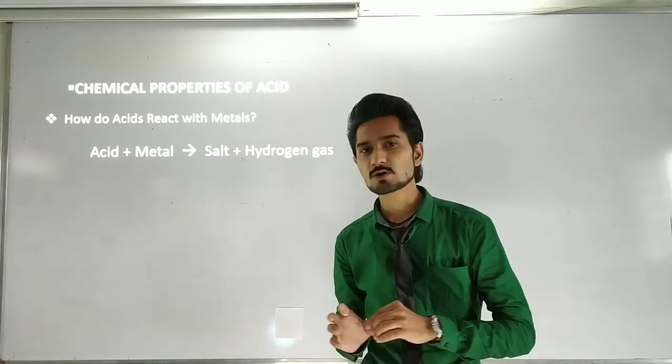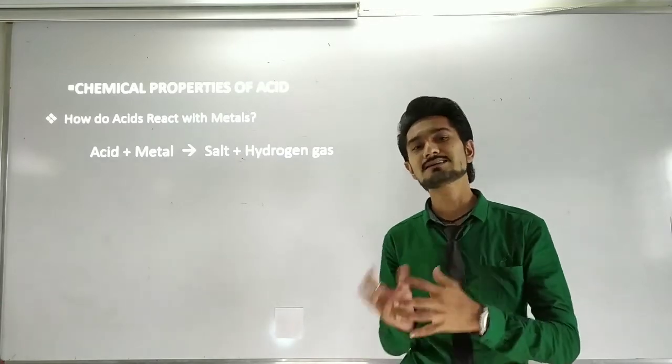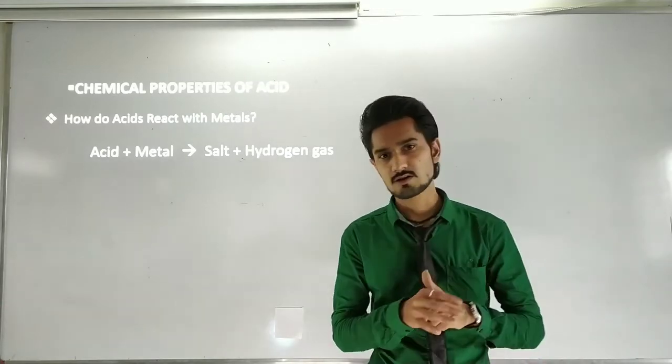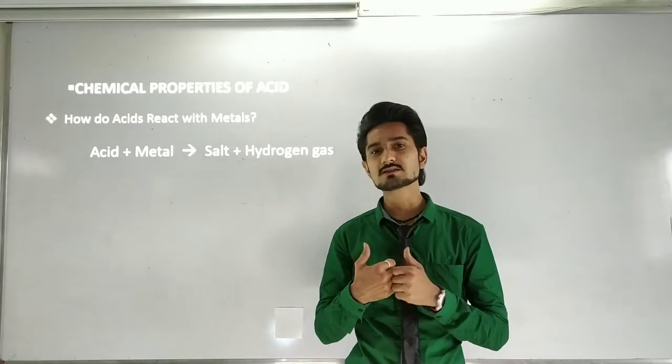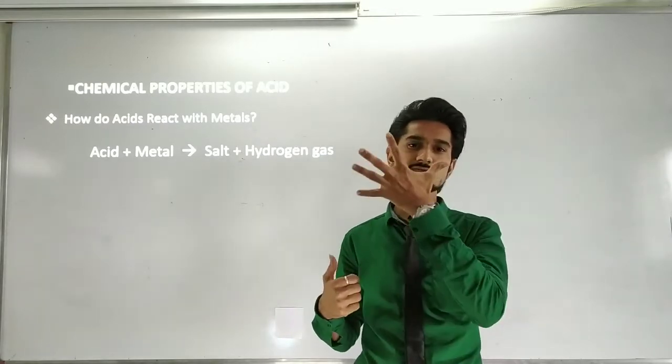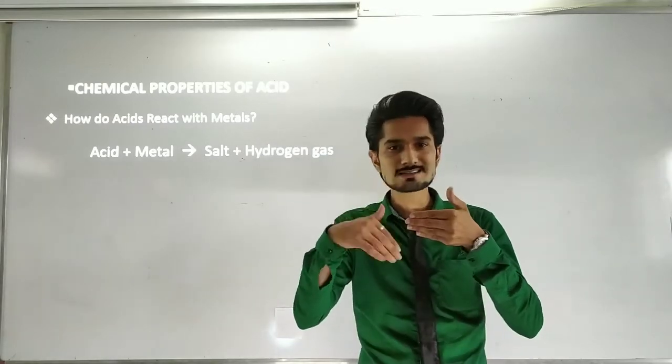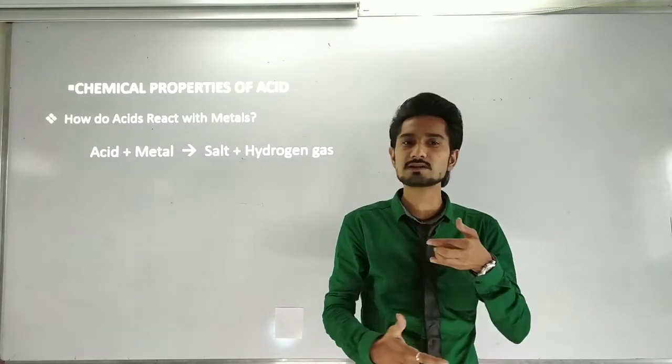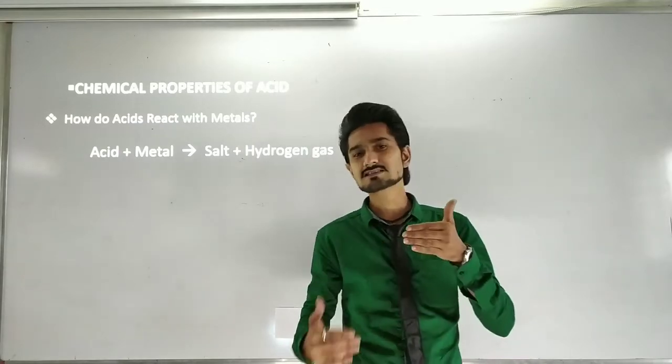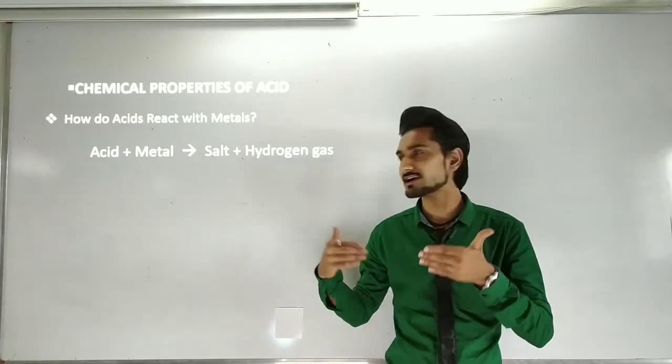Also in the 5th property you can write what happens when an acid reacts with water. So these are the 5 properties for the statement, and afterwards you can start each individual property's explanation, step by step.